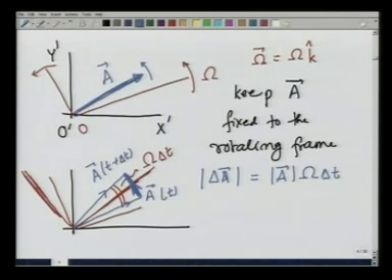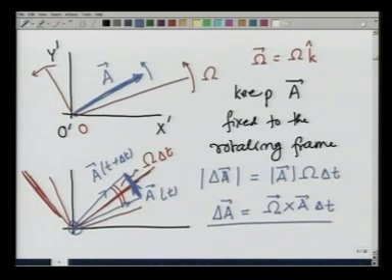If I were to write the vectorial form, then you will see that delta A can be written as omega cross A delta t, because omega is coming out of the plane. So, omega cross A gives you the right direction. So, omega cross A delta t gives me the change in vector in the inertial frame when it is fixed with the frame which is rotating.